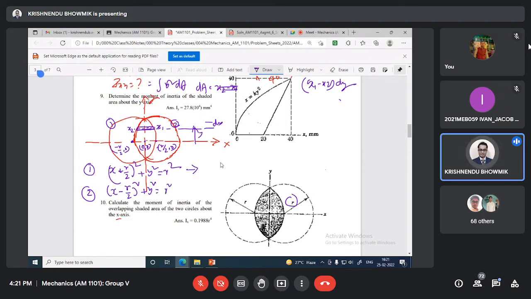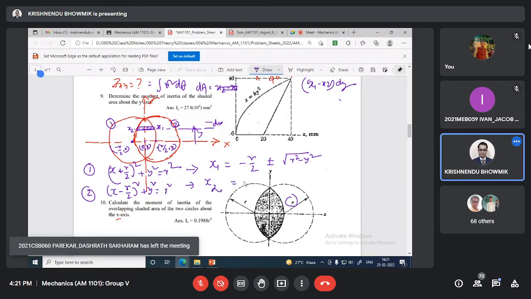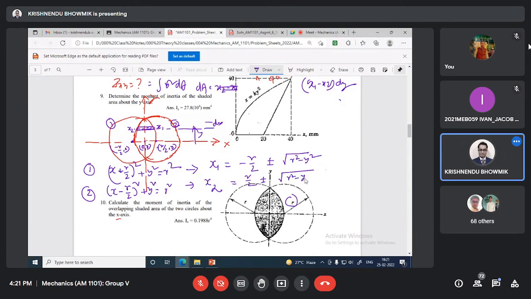From this, you can write x1 equal to minus r by 2 plus minus square root r square minus y square. Here I have intentionally written x1. x2 equal to r by 2 plus minus square root r square minus y square. Now the question is whether you want to use plus minus, or only plus, or only minus.